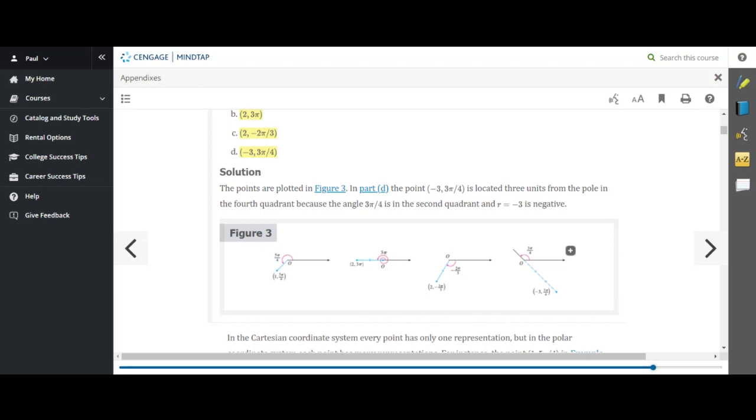So you see there on the fourth picture in figure 3, they do an angle of 135 degrees. But then you don't move forward 3 units, you move backwards 3 units. And that gets you in the fourth quadrant. Okay, so this is how you plot polar coordinates.